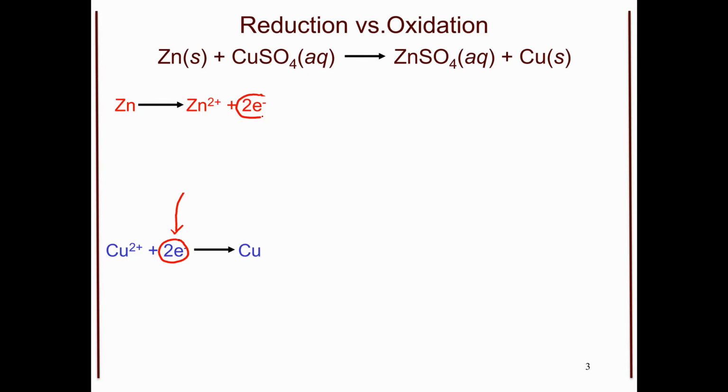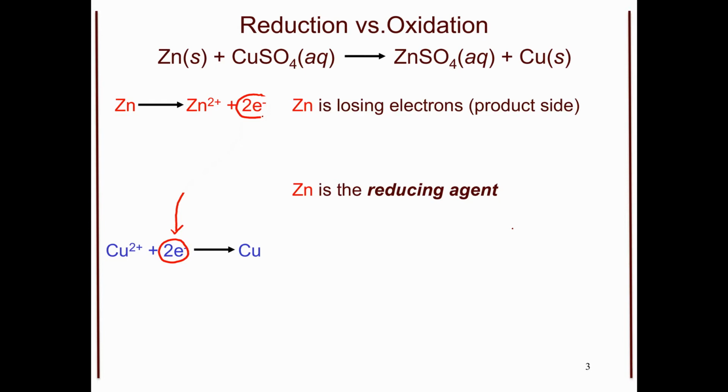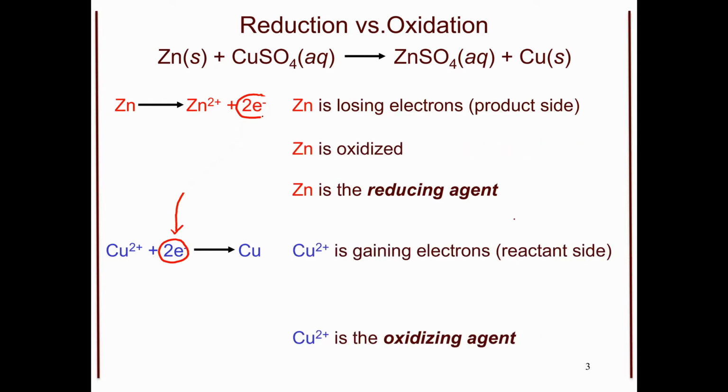So let's talk about some of the terminology. Because zinc is losing electrons, the electrons are on the product side, this by definition means that it is going to be oxidized. But the problem with that is that we use an older naming system for this reaction. We are going to call zinc the reducing agent. Agent meaning the species that is going to cause something else to happen.